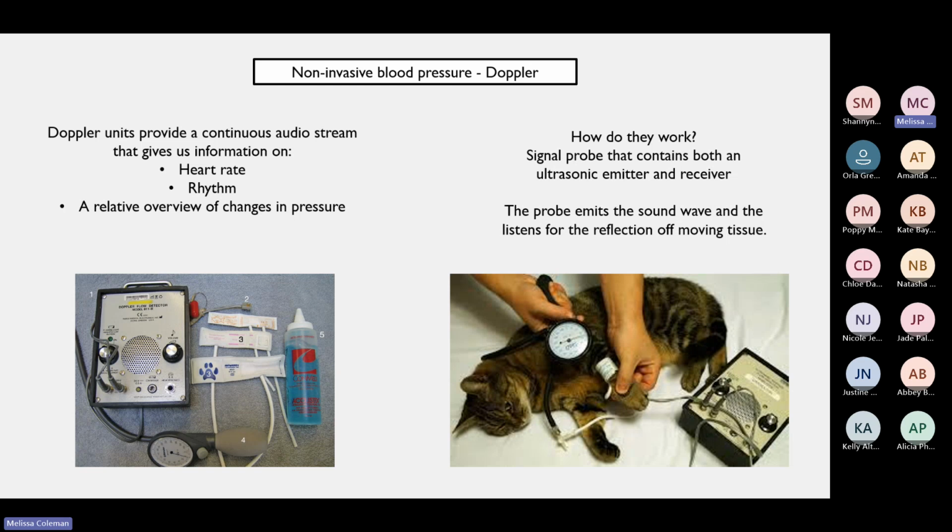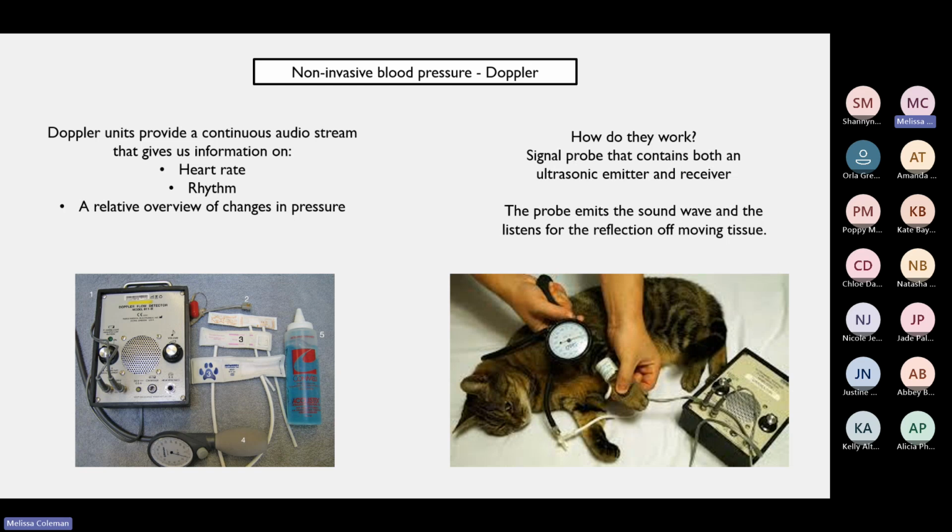We do have our non-invasive Doppler. So Dopplers are very useful because they give us continuous audio feedback. From the sound, we can gather information about heart rate, rhythm, and relative changes in blood pressure.